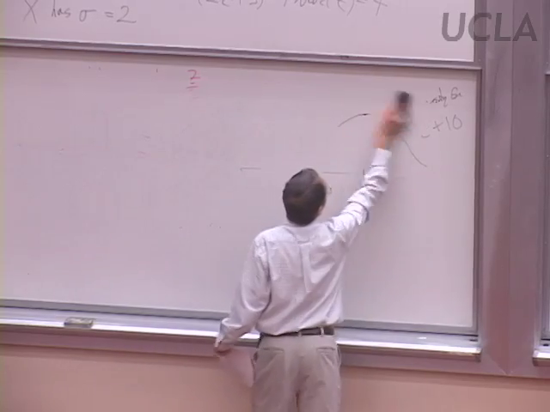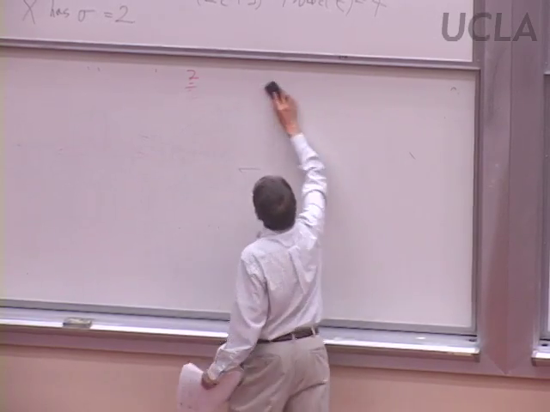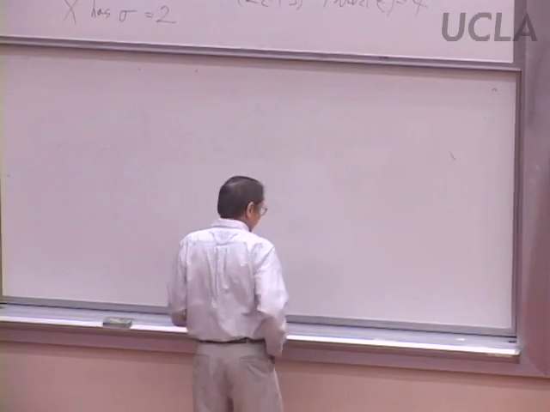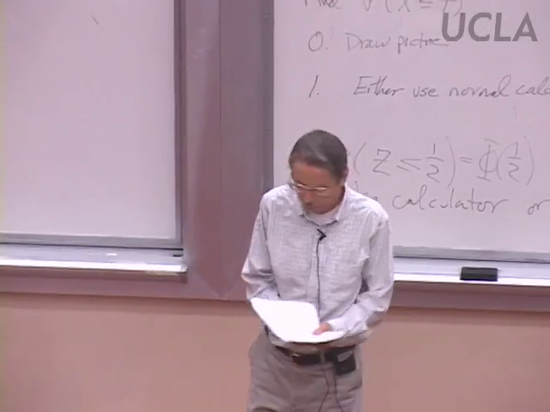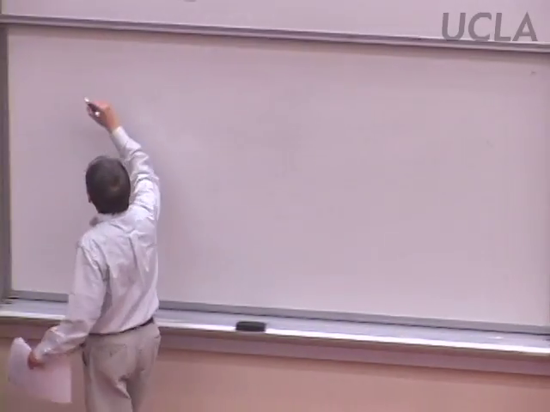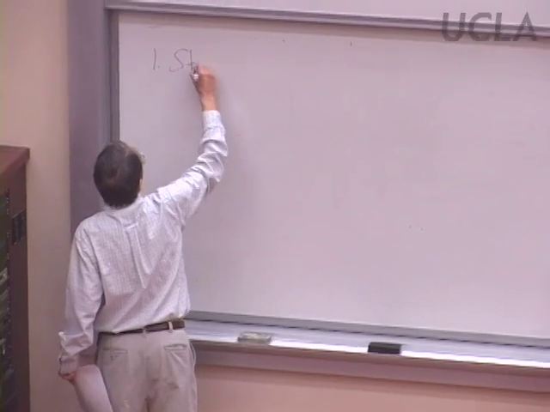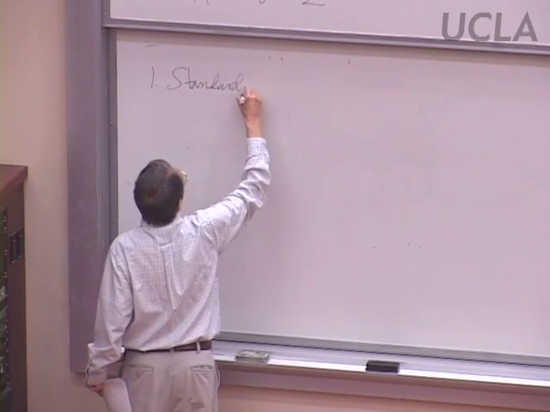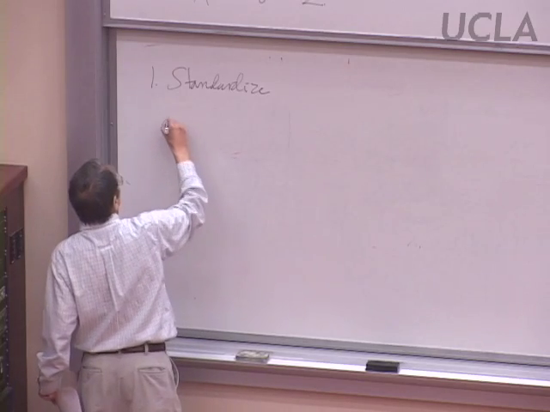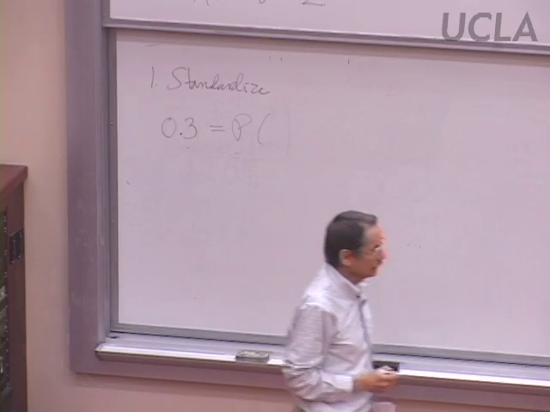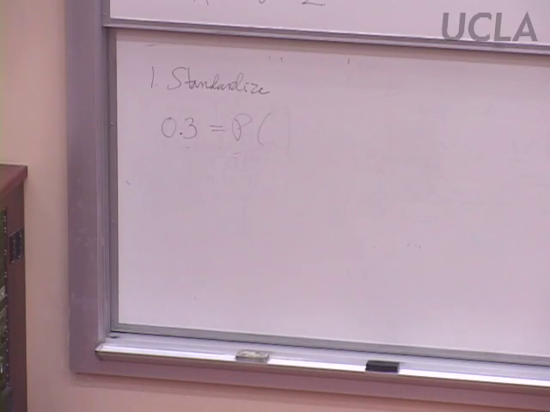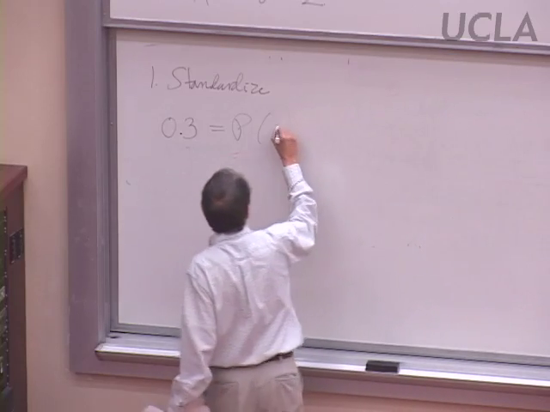Standardize. That is, we have this equation. We want to convert from x to z. This 0.3, the 30%, that's the probability that x is between A and 3.